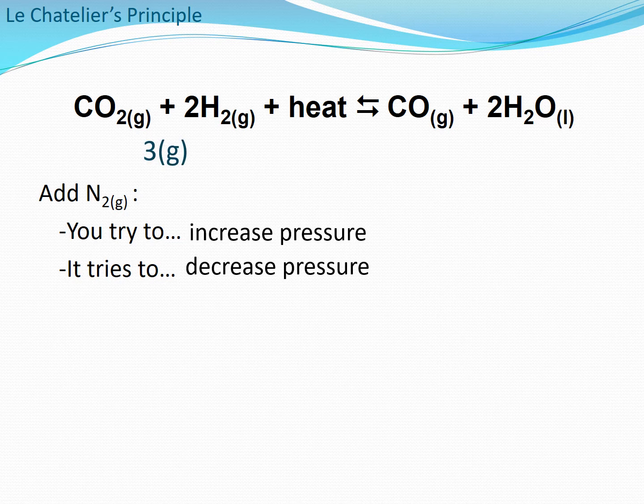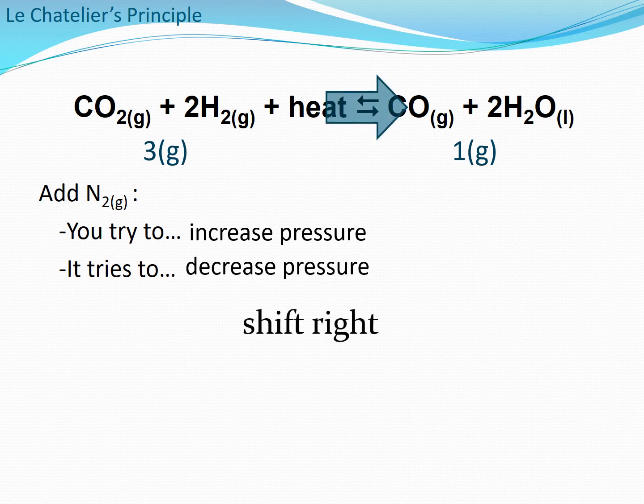On the right-hand side, I have 2 water molecules, which are liquids, and only 1 gas molecule, which is the carbon monoxide gas molecule. So if it wants to decrease pressure, it can make a carbon dioxide and 2 hydrogens come together, and the result is it forms 1 carbon monoxide gas molecule and 2 liquids. So there would be a shift to the right, a shift to the side with fewer gas molecules.